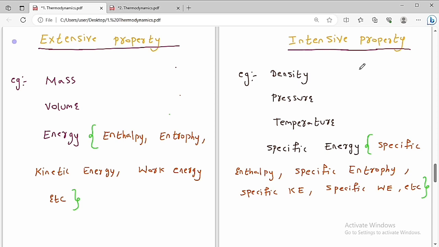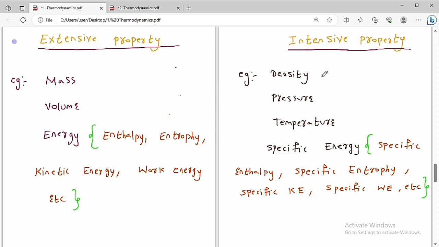What is the best example? Density. Density depends upon the mass per unit volume. Suppose you take the density of steel. It has a particular value, which is 7850 kg per meter cube.